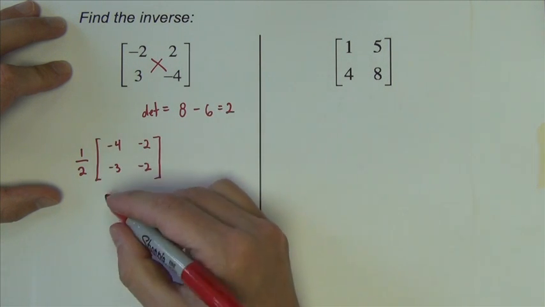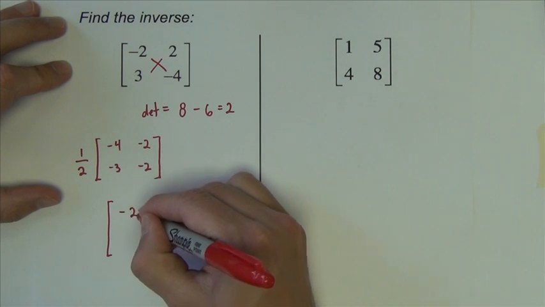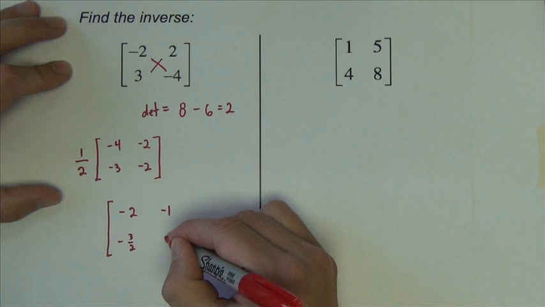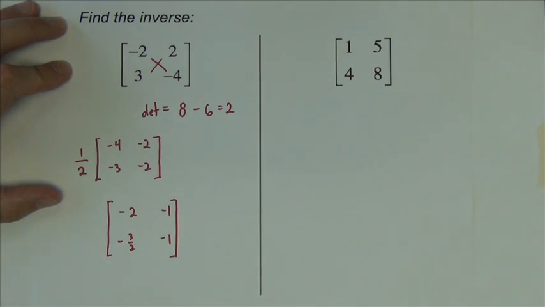And now I just distribute that half. So I get -2, -1, -3/2, -1. There's my inverse.